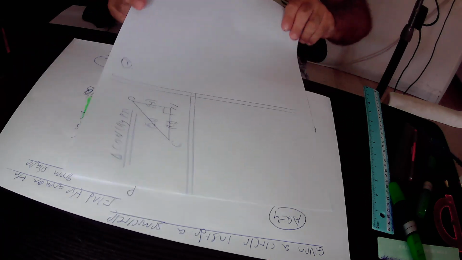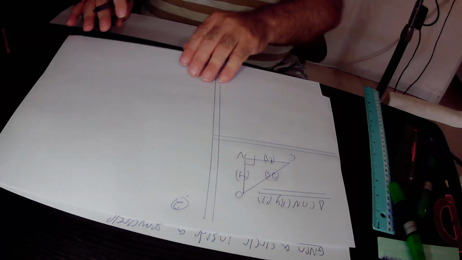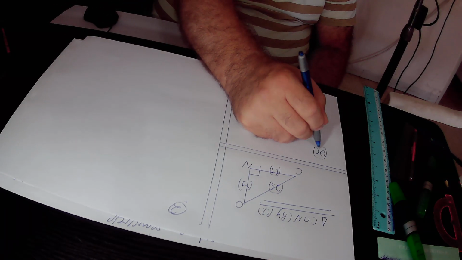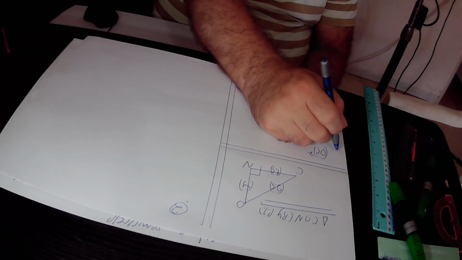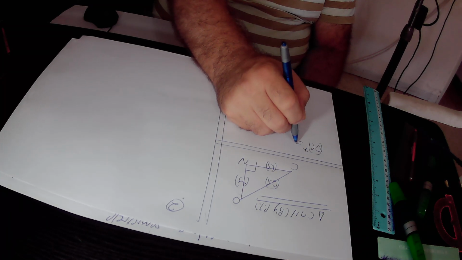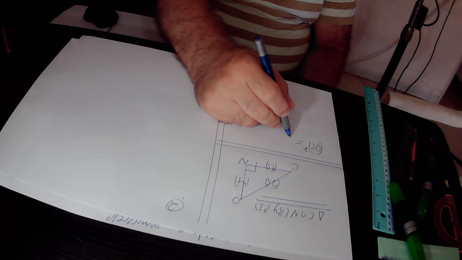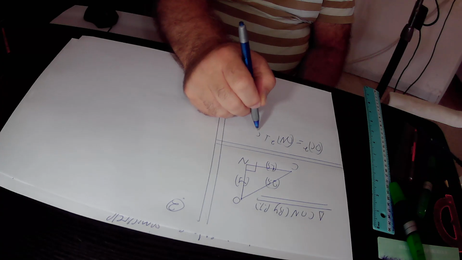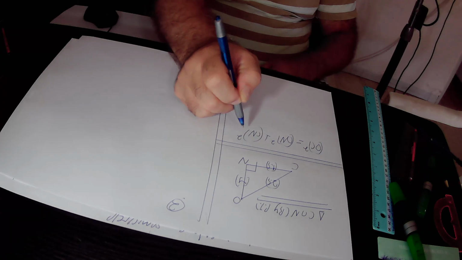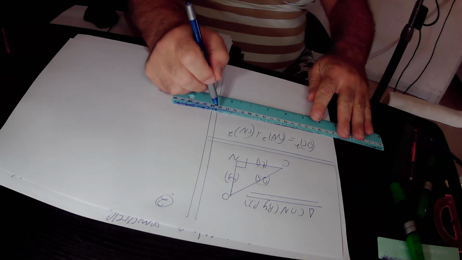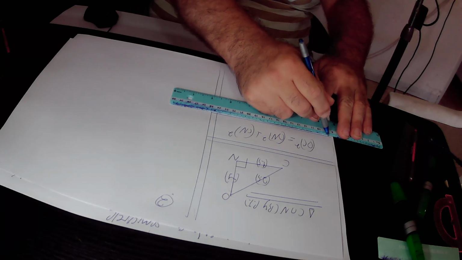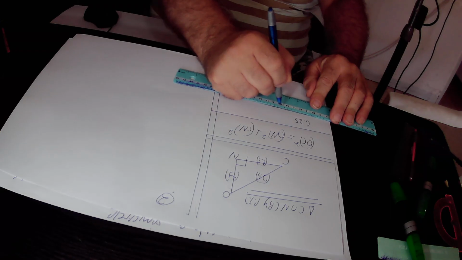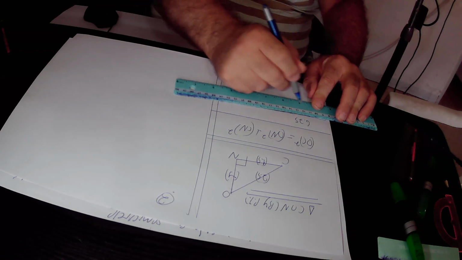OC is 2.5, therefore OC squared is 2.5 squared, that is 6.25, and it equals ON squared.